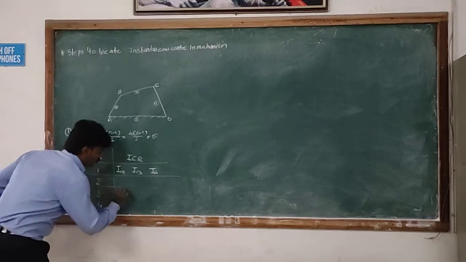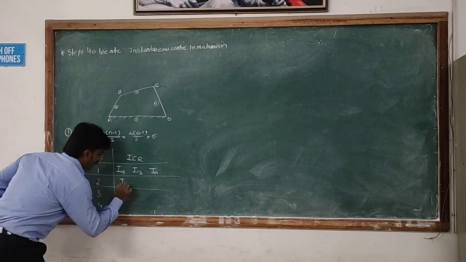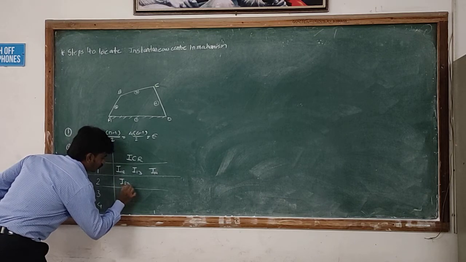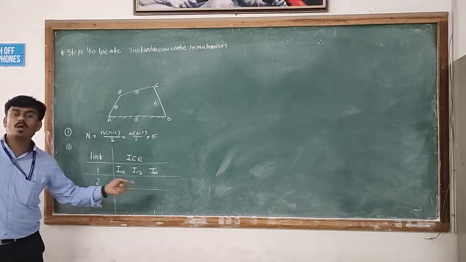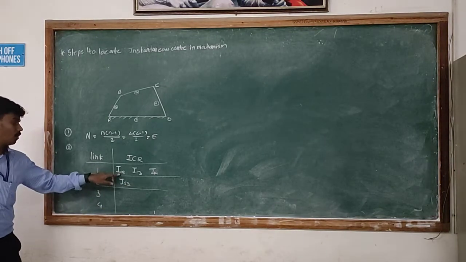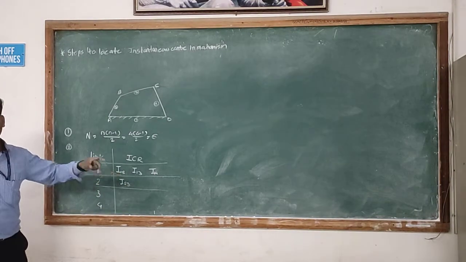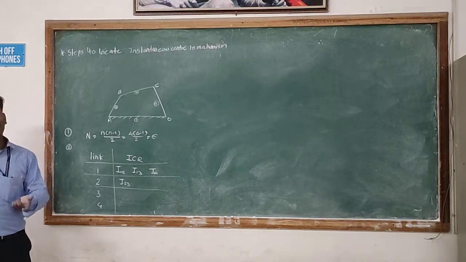Similarly for link 2, it is I23. Here I21 is not included, because instantaneous center I12 and instantaneous center I21 are the same.